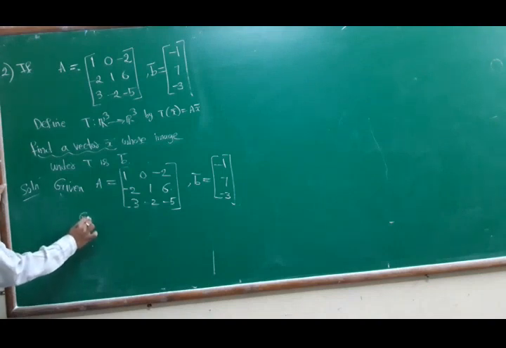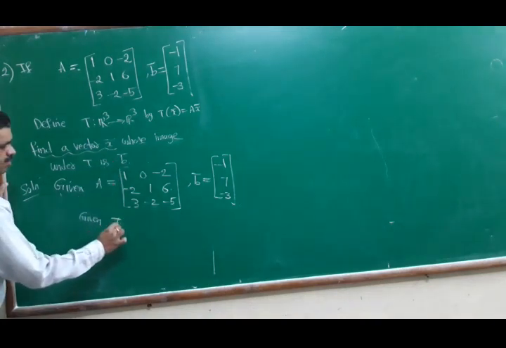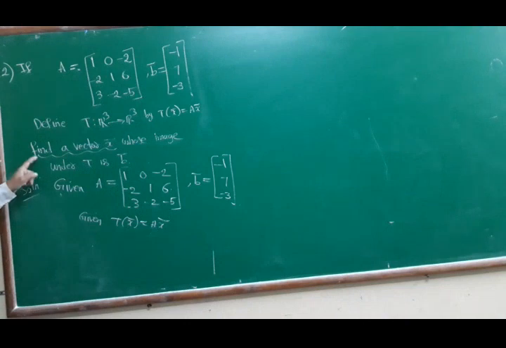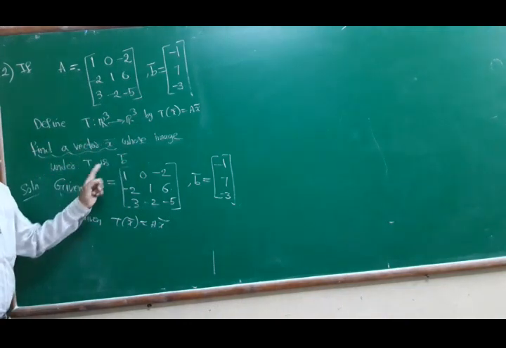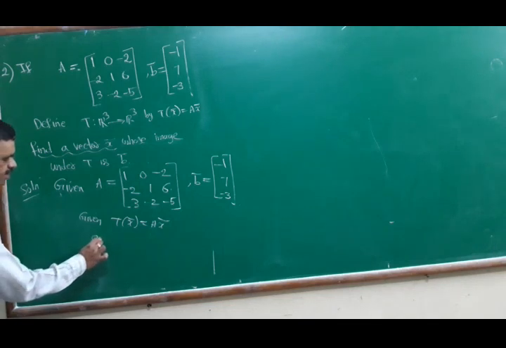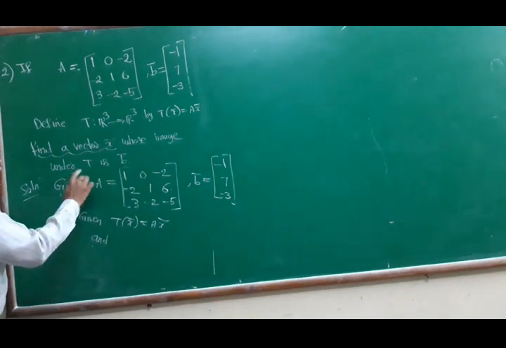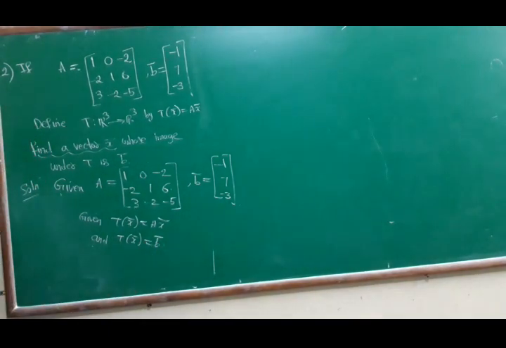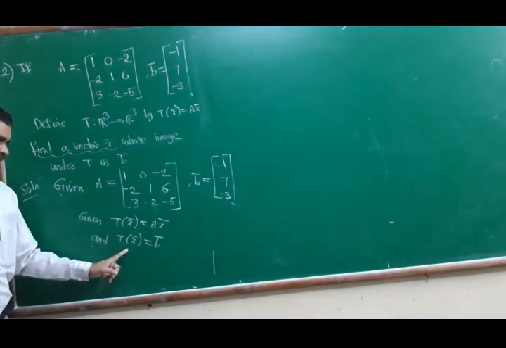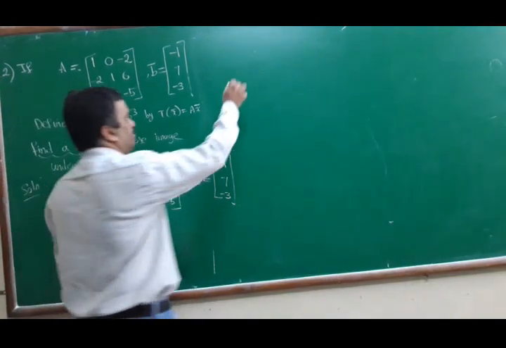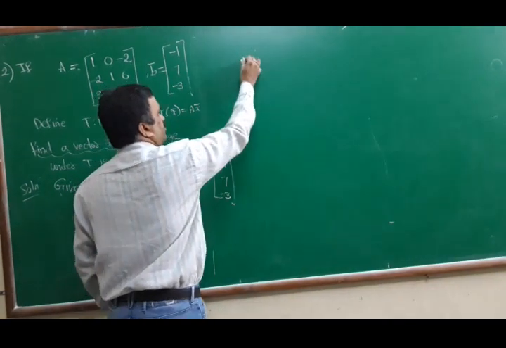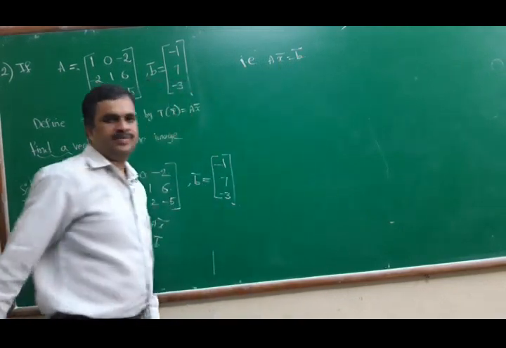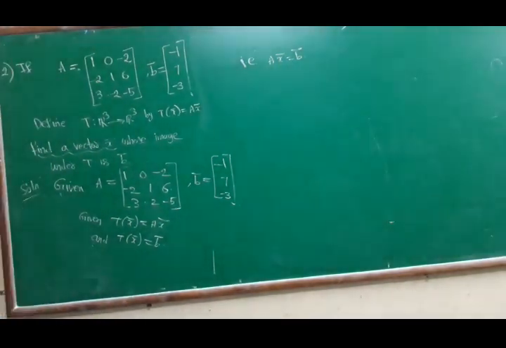Here it is given T of x bar equal to A x bar. You have to find a vector whose image under T is b bar, nothing but T of x bar equal to b bar. Since T of x bar is equal to A x bar and also equal to b bar, simply I can say A x bar is equal to b bar. This x bar vector we have to find.